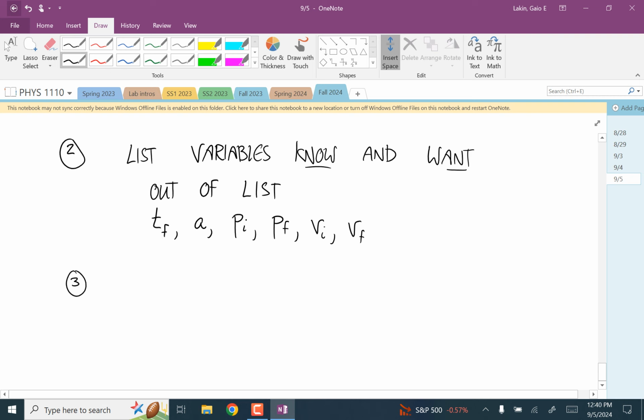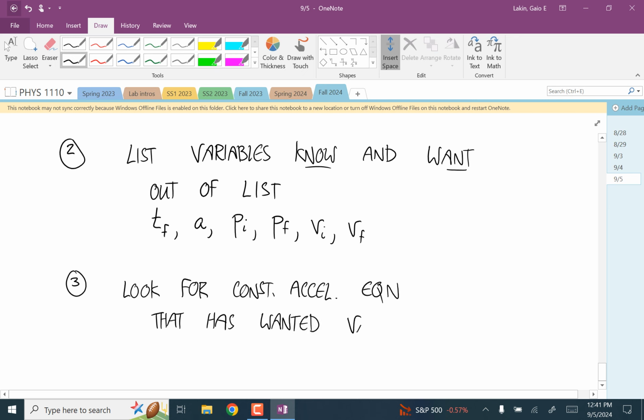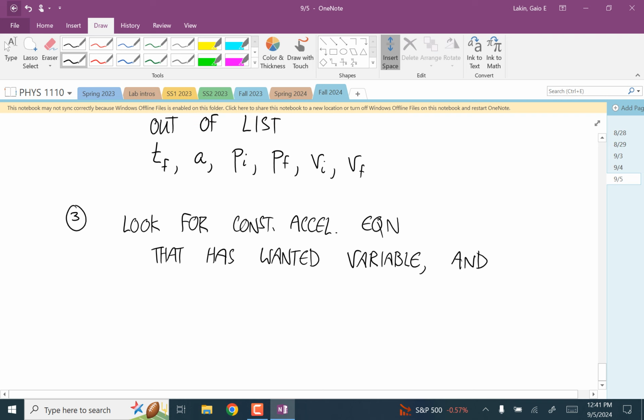Third, once we've gone through that list and figured out which ones of those we know and which one we're trying to find, we're going to look for a constant acceleration equation that has the wanted variable and every other variable in the equation is known.